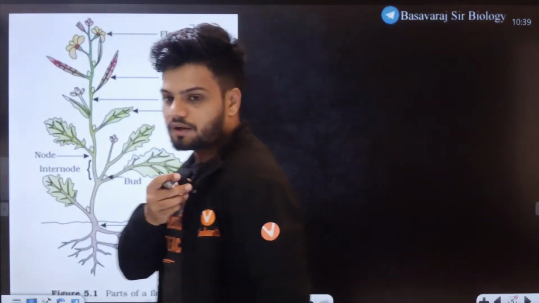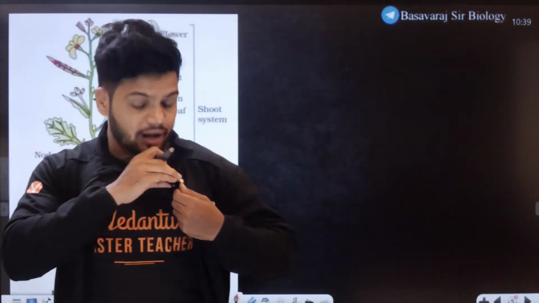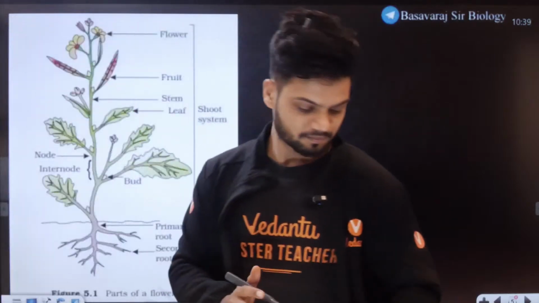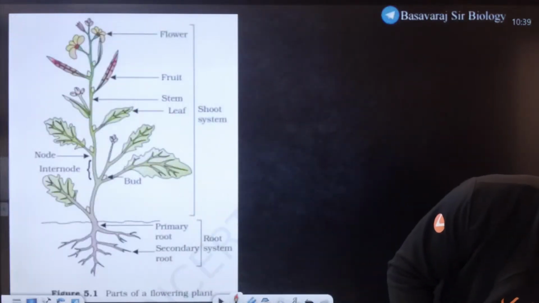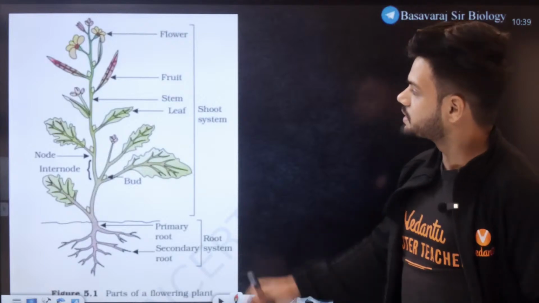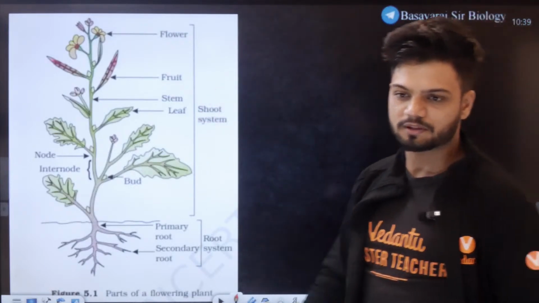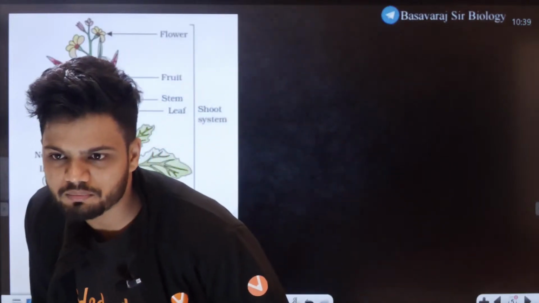Now, can I ask all of you a very simple question? Students, is the board visible to all of you? If it is visible, quickly tell me in the chat. Pratibha, Ravindrani, Himanshi, Meghana, Ankita, tell me.